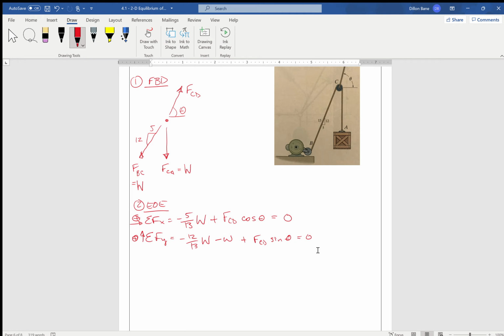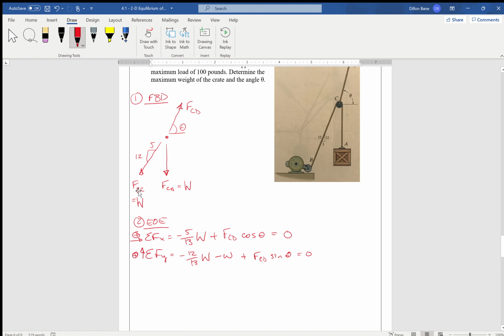So if we look at our sum forces in the y equation, and we know that FCD and FCA and FBC all can't exceed 100 pounds, what we can see is that, looking at the equation for y, we have negative 1 and 12/13 W, and then sine theta FCD. Sine theta is always going to be less than 1, right?